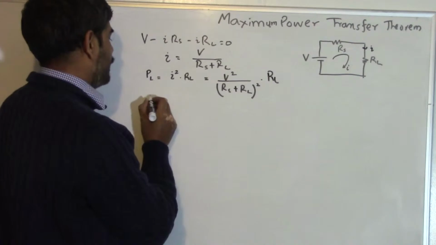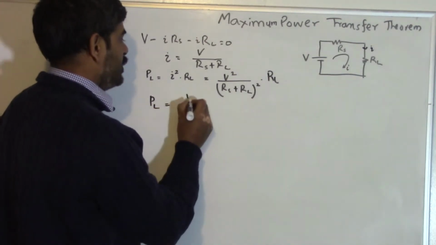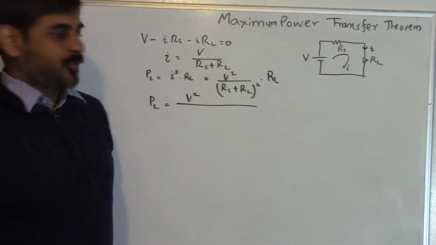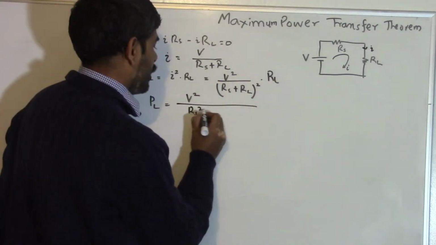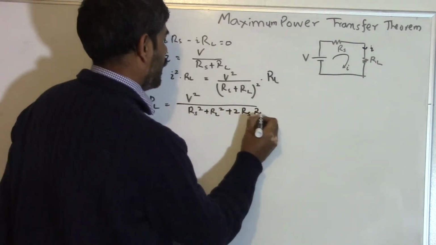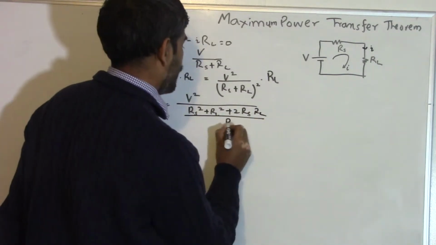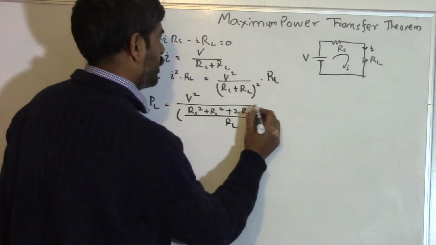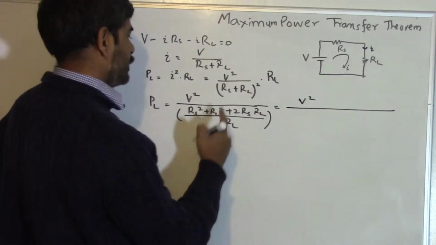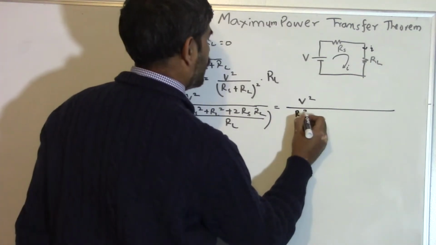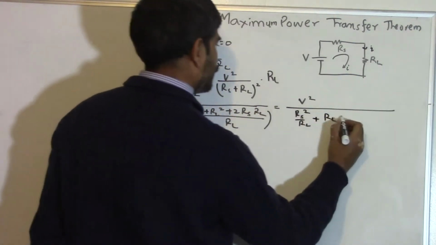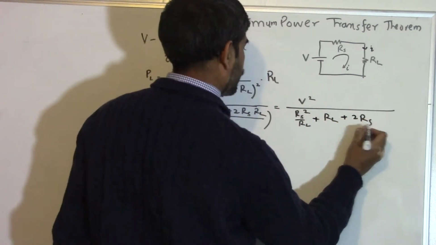We can also write PL as V squared divided by, expanding, RS squared plus RL squared plus 2 RS RL, all divided by RL, or V squared divided by RS squared over RL plus RL plus 2RS.